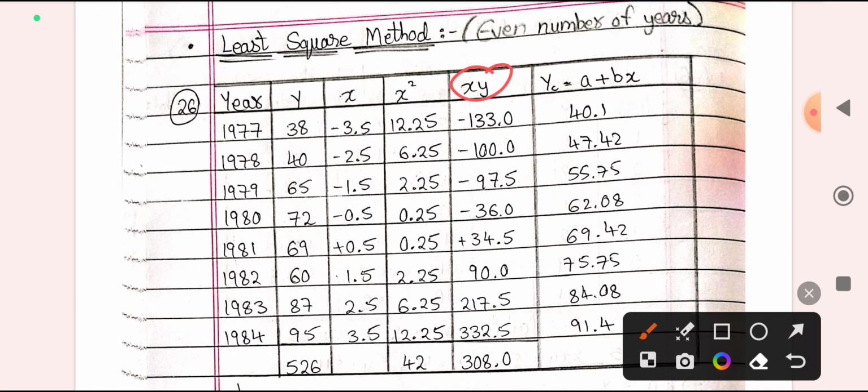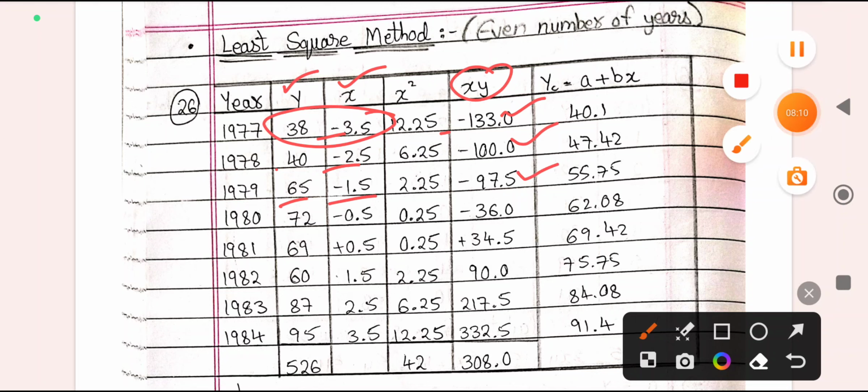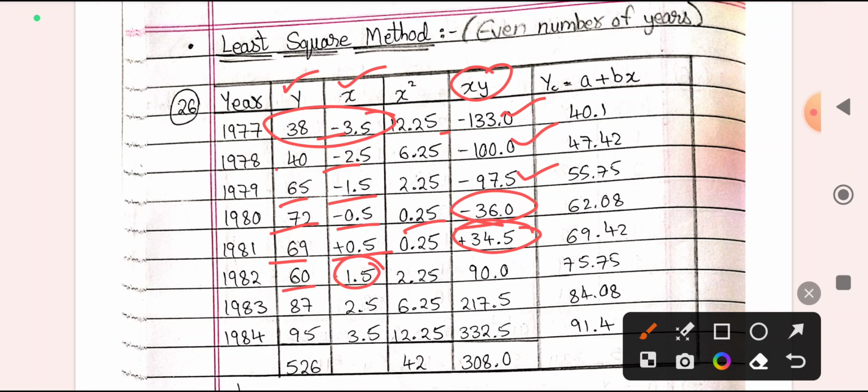Next we require xy, so y and x, these are the values, you need to multiply these things. 38 into 3.5 is 133.0, as it is minus symbol, we are taking minus here. 40 into minus 2.5, it is minus 100. 65 into minus 1.5, it is minus 97.5. 72 into 0.5, it is minus 36. 69 into 0.5, plus 34.5. 60 into 1.5, it is 90.